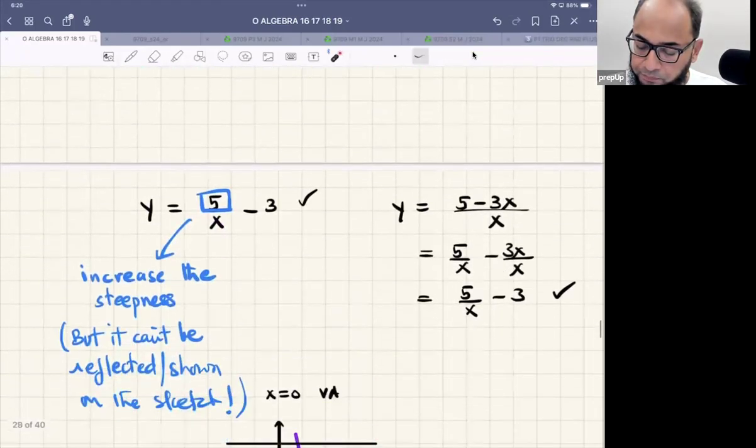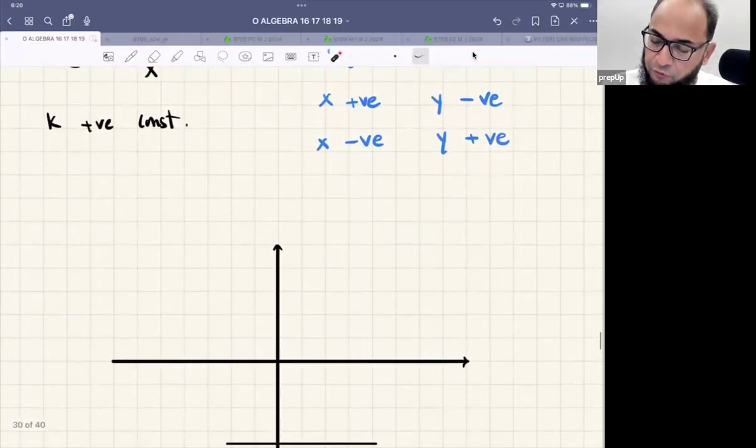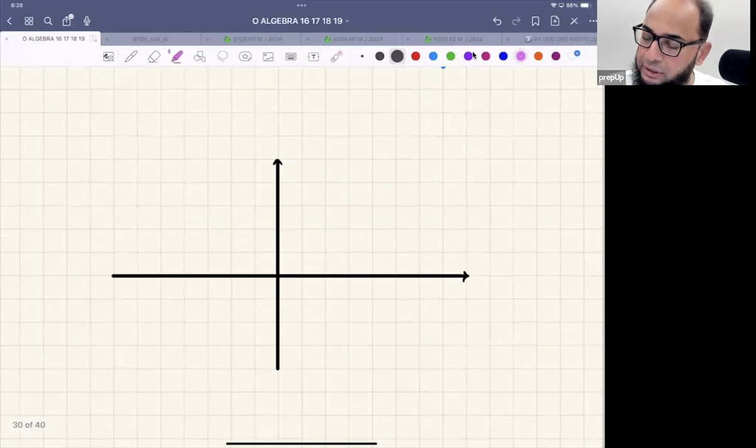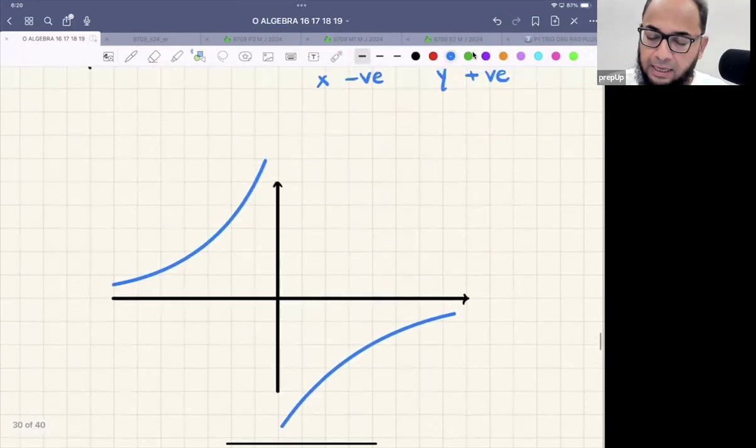So over here, let me draw the original thing for any positive constant. Let me draw this in blue color. And the graph goes something like this. The asymptotes are still the same.